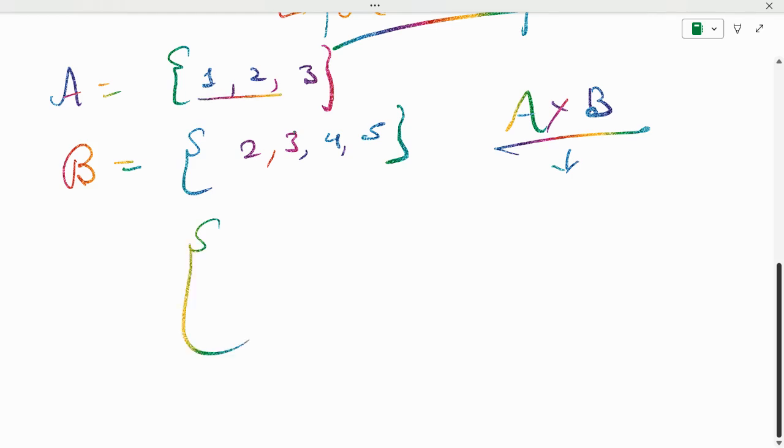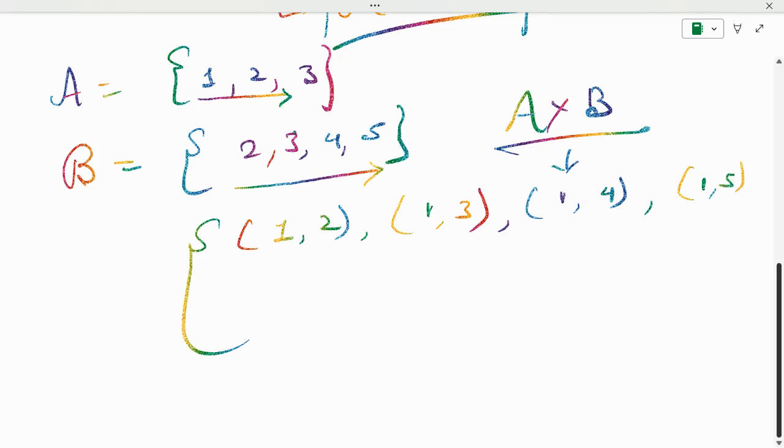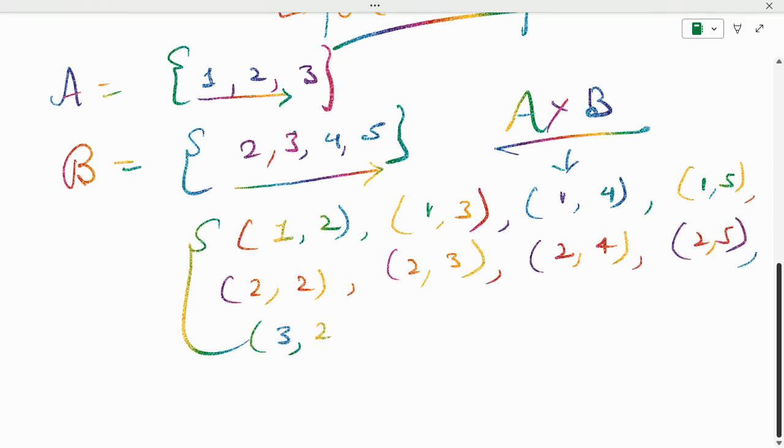Every element of A will cross multiply with every element of B. So we get (1,2), (1,3), (1,4), (1,5), then (2,2), (2,3), (2,4), (2,5), then (3,2), (3,3), (3,4), and (3,5).